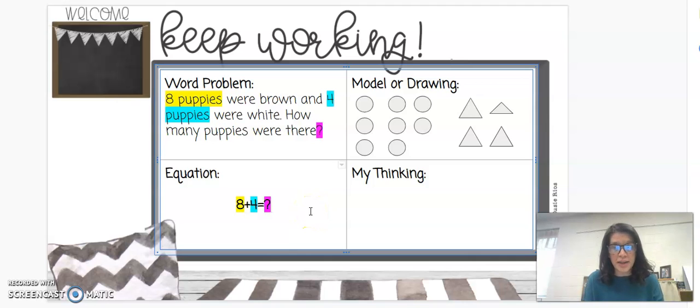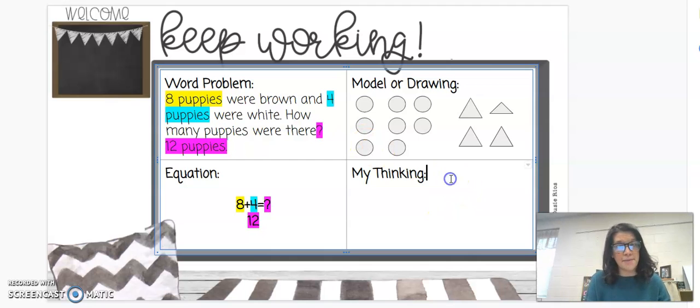So now that I've checked my thinking 2 ways and used a model to help me, and I got 12 every time, I think there are 12 puppies. So I am going to write 12 for the equation, and I'm going to add my answer, 12 puppies.